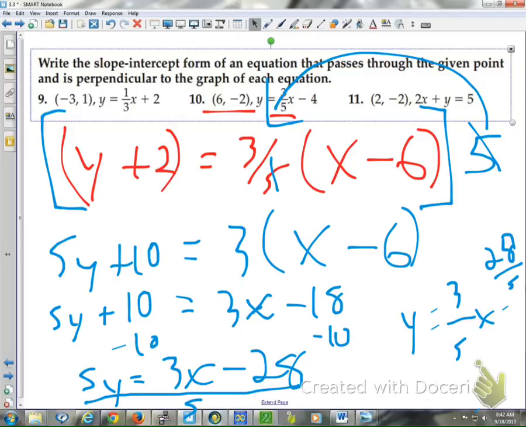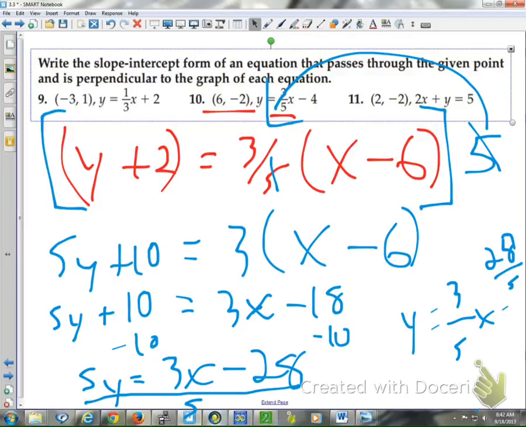Parallel. Now, brace yourself. The only thing that's going to change when I do perpendicular, this entire red line is not going to change. And I'm going to work it the exact same way. The only thing that's going to change is what? Rhymes with the pope. Slope.